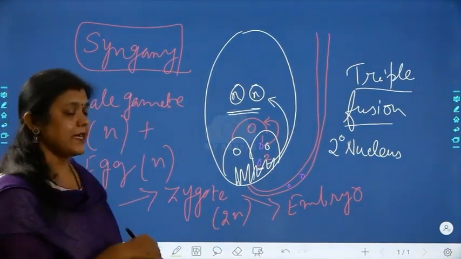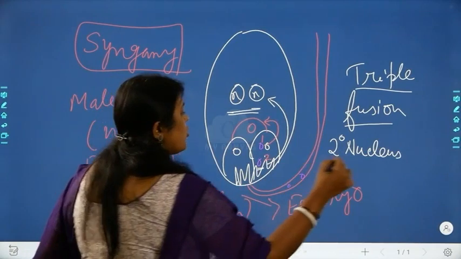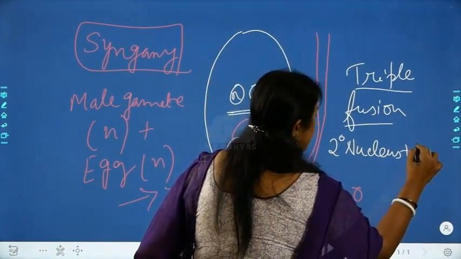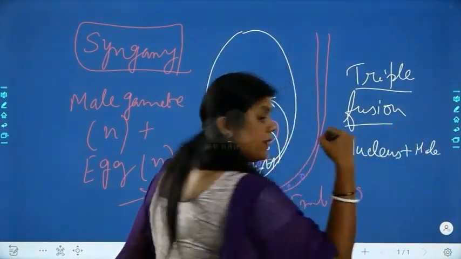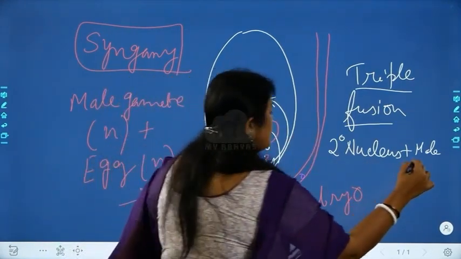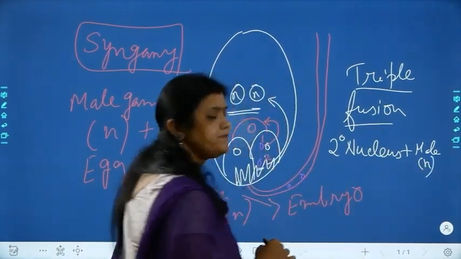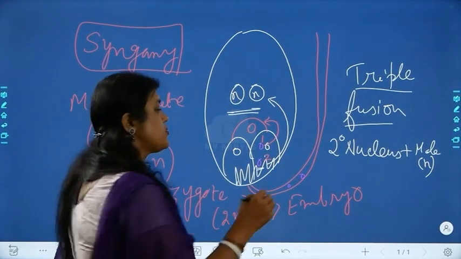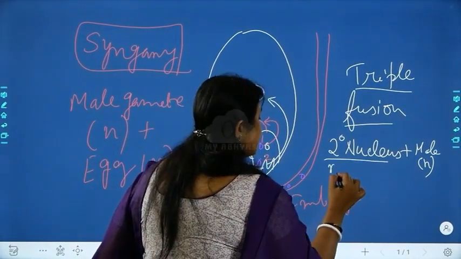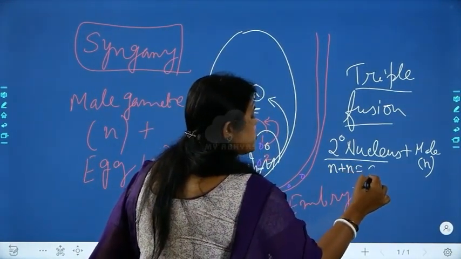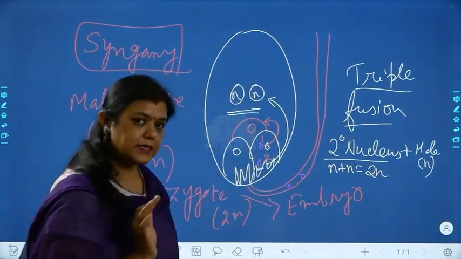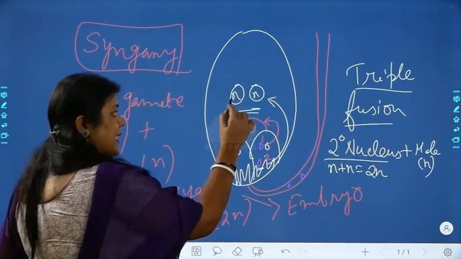With this secondary nucleus, another male gamete, number 2, will go and join. This polar nucleus has n number of chromosomes, so the secondary nucleus is n plus n, that means it is 2n. Correct? This is n and this is n.